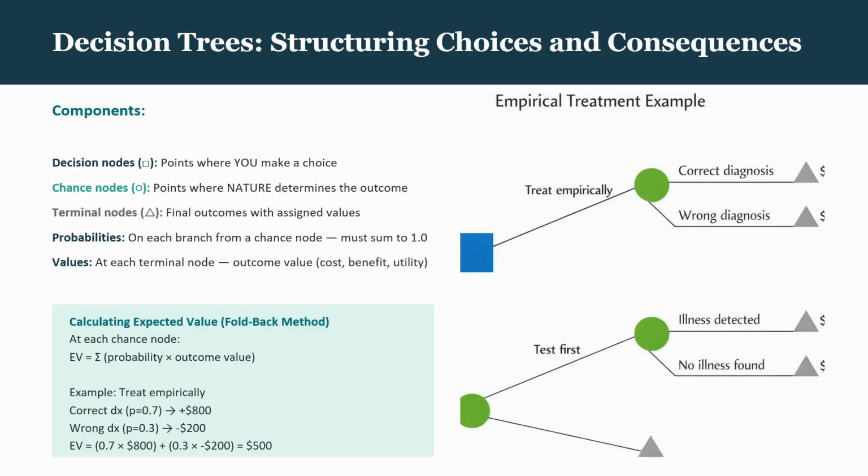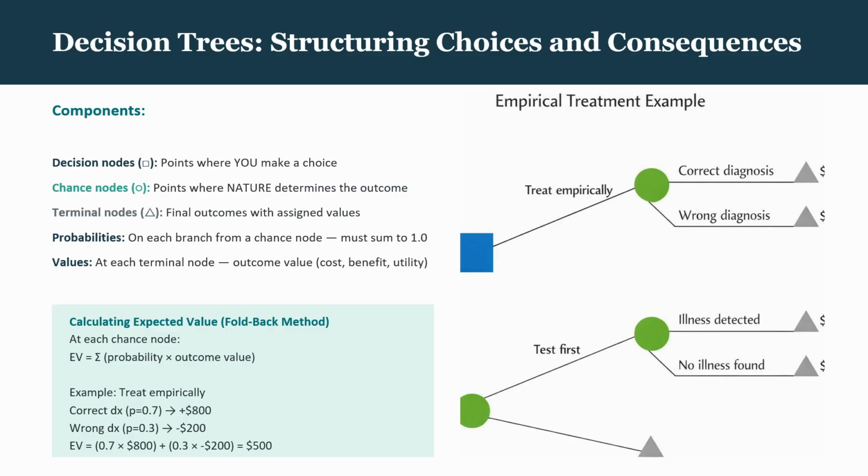Decision nodes, drawn as squares, are points where you make a choice. You control these. Chance nodes, drawn as circles, are points where the outcome is determined by probability, not your choice. Nature controls these. Terminal nodes, drawn as triangles, are the final outcomes, each with an assigned value.